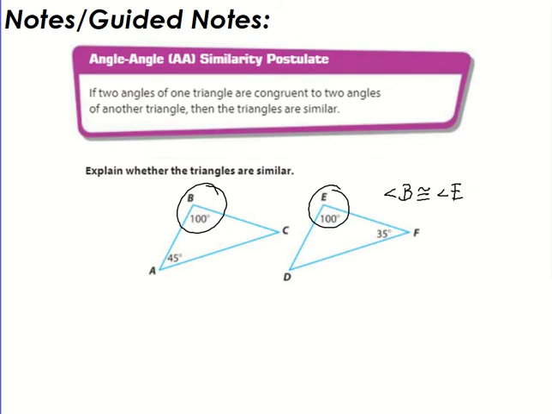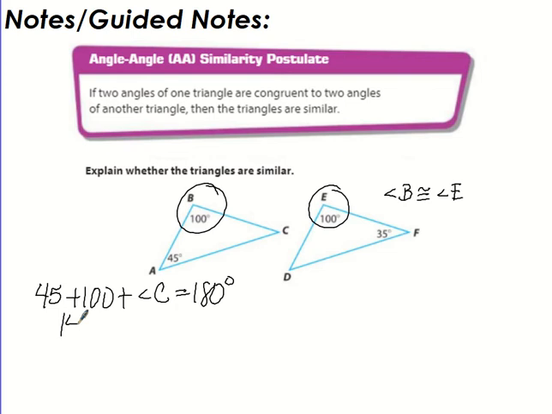So remember from 21.2, we know that all triangles have 180 degrees. So we can do 45 plus 100 plus my angle C and see what angle C equals. This is just from the last lesson.